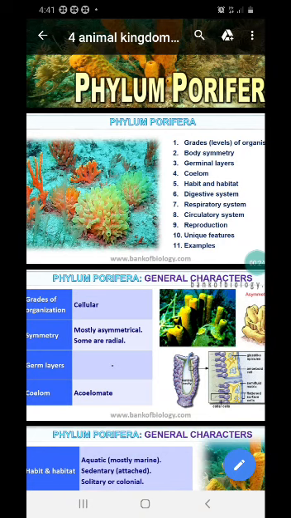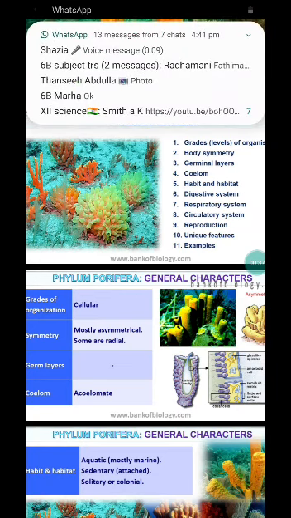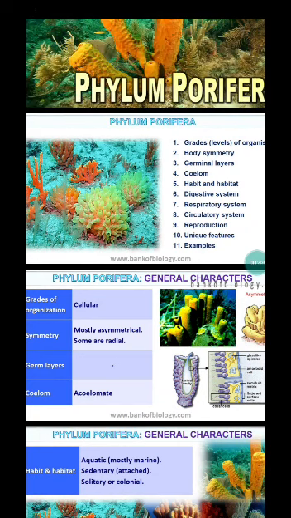Okay, so about the general characters, they are the lowermost of all the organisms, that is, they possess a cellular level of organization. And you can see their figures itself, and they do not possess a particular symmetry, or they have an asymmetrical body.